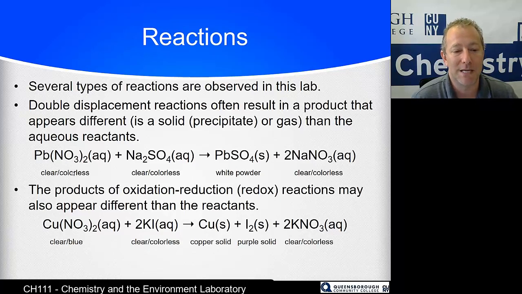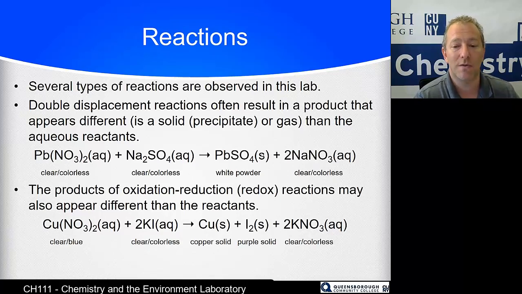And since lead nitrate is clear and colorless in solution, and sodium sulfate is clear and colorless in solution, yet lead sulfate, an insoluble compound using those solubility rules from the last lab, is a white powder. And sodium nitrate is still soluble because it's got that alkali metal cation, and nitrate anion, no exceptions. Right? So that's a soluble compound, and it's clear and colorless.